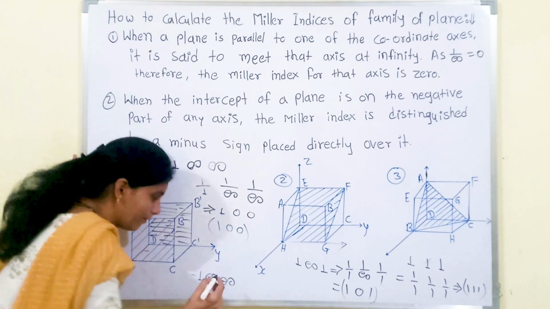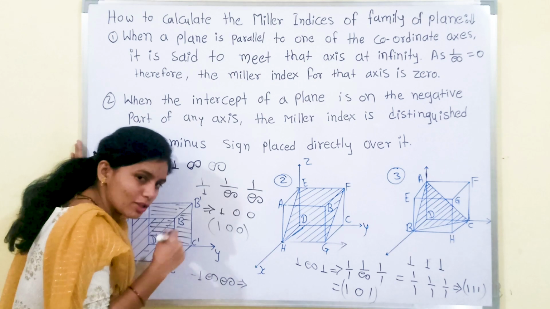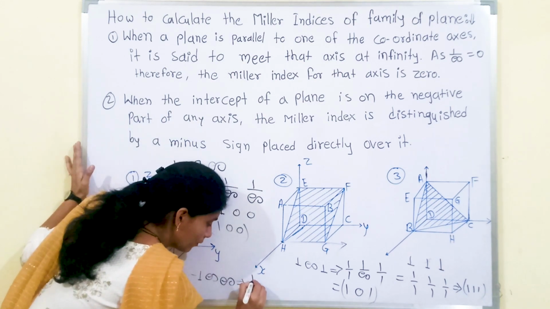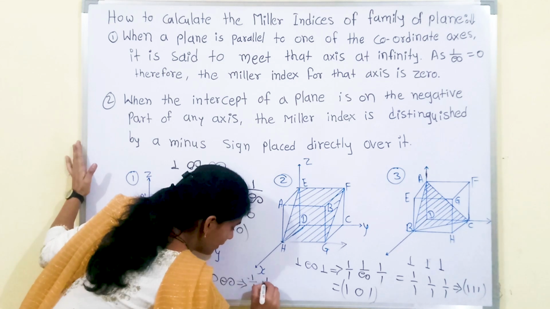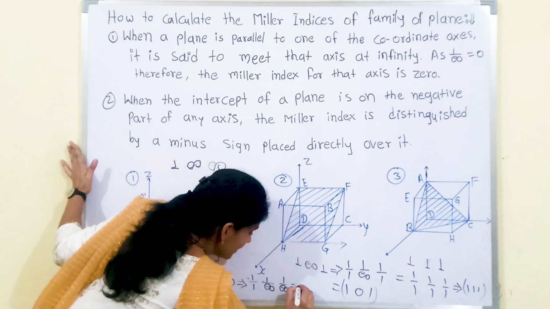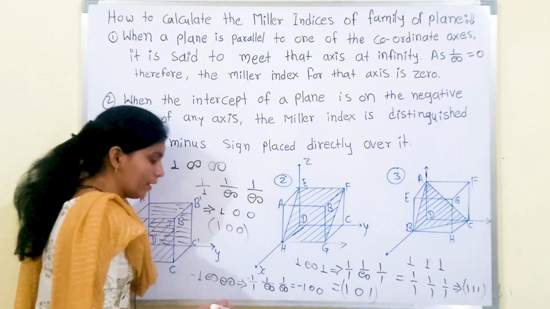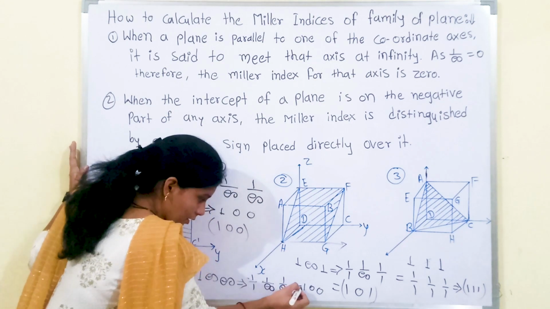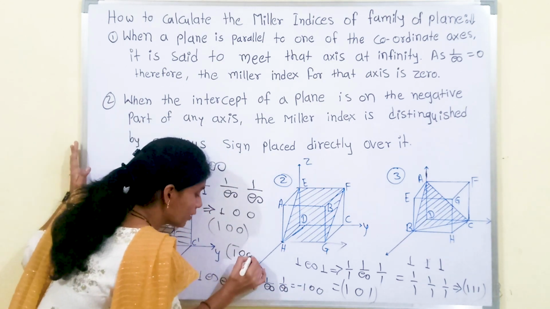If we want to calculate the Miller indices of this plane, we take the reciprocals: 1 by -1, 1 by infinity, 1 by infinity, that is -1, 0, 0, or for the negative direction we write 1 bar, 0, 0.